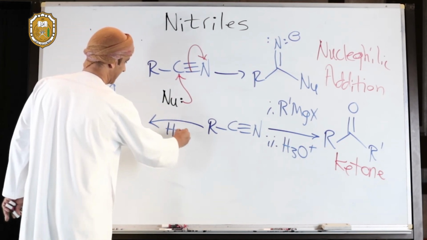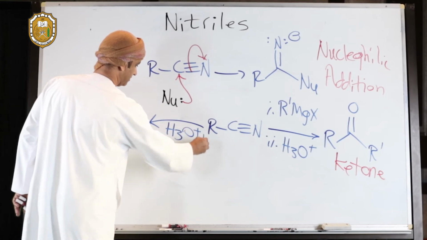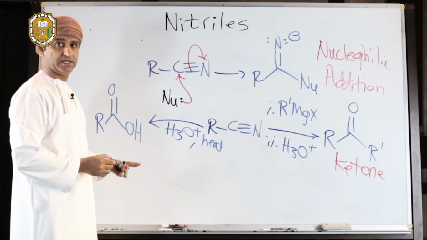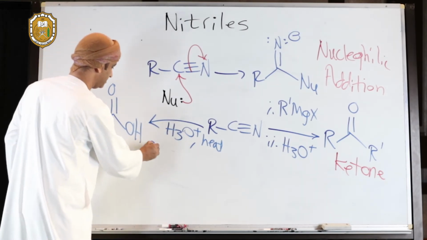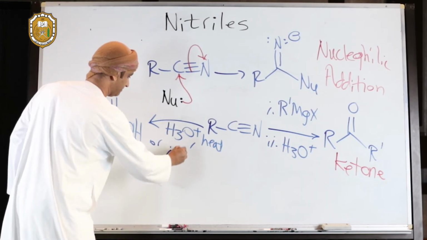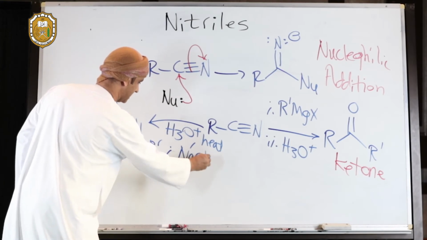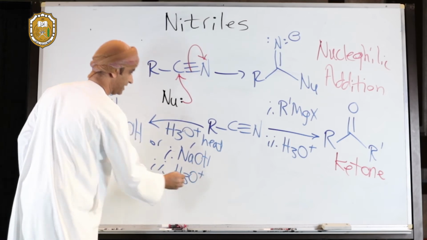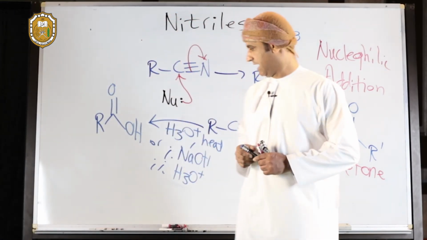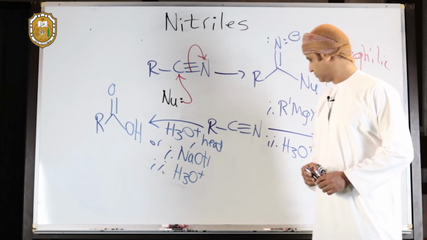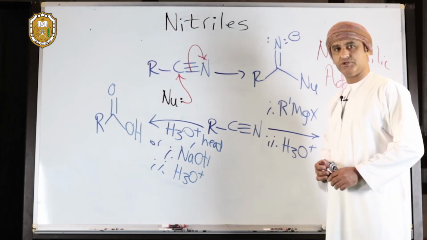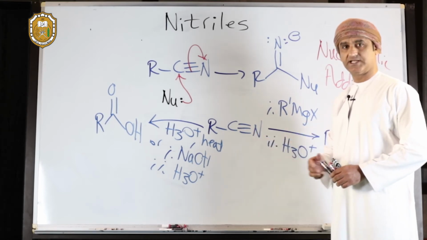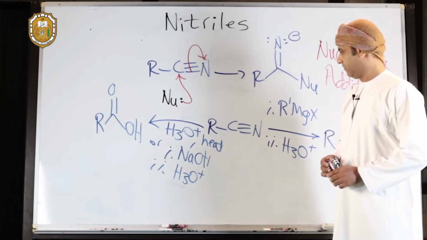So you can use an acid with heat, which is acidic hydrolysis conditions, or you can use a two-step basic hydrolysis reaction where you react the nitrile with a base such as sodium hydroxide, and in step number 2 you involve an acid. So this is basic type hydrolysis of nitriles.